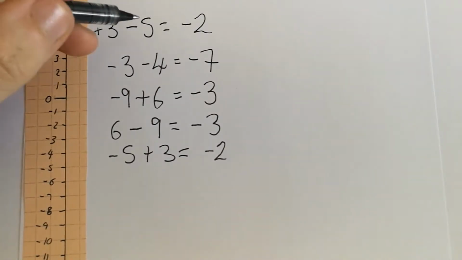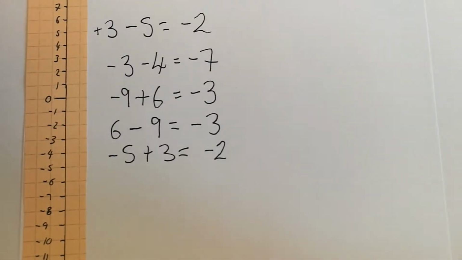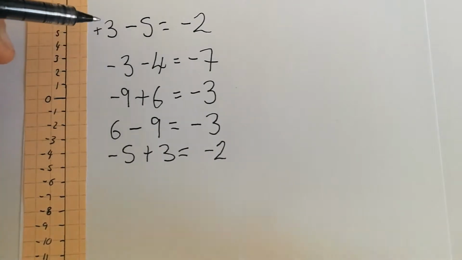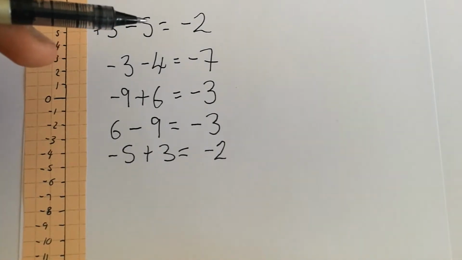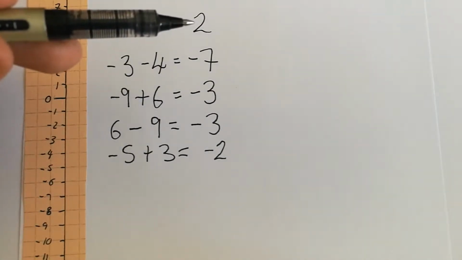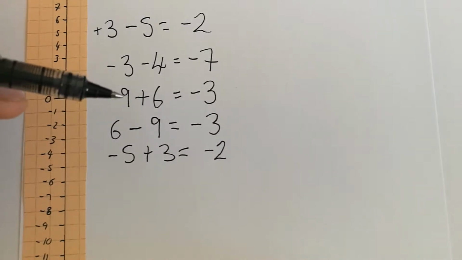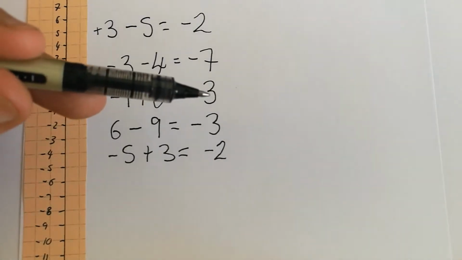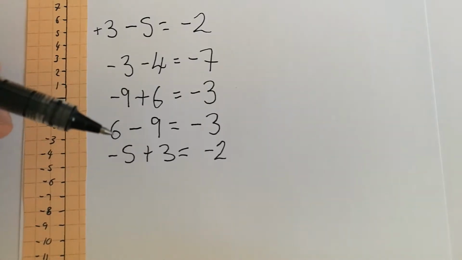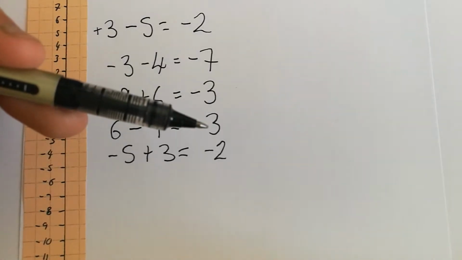Well, a plus and a minus are opposite or different to each other. So effectively, when we've got opposite signs, we can take one away from the other. So you can do 5 minus 3 is 2. Or here they're opposite, so 9 minus 6 is 3. And you always have to do the biggest number minus the smallest number.